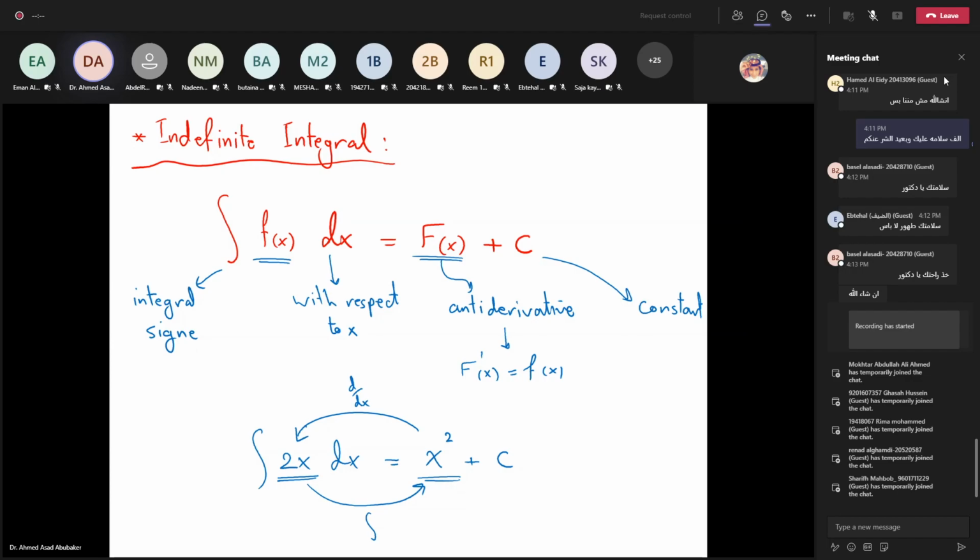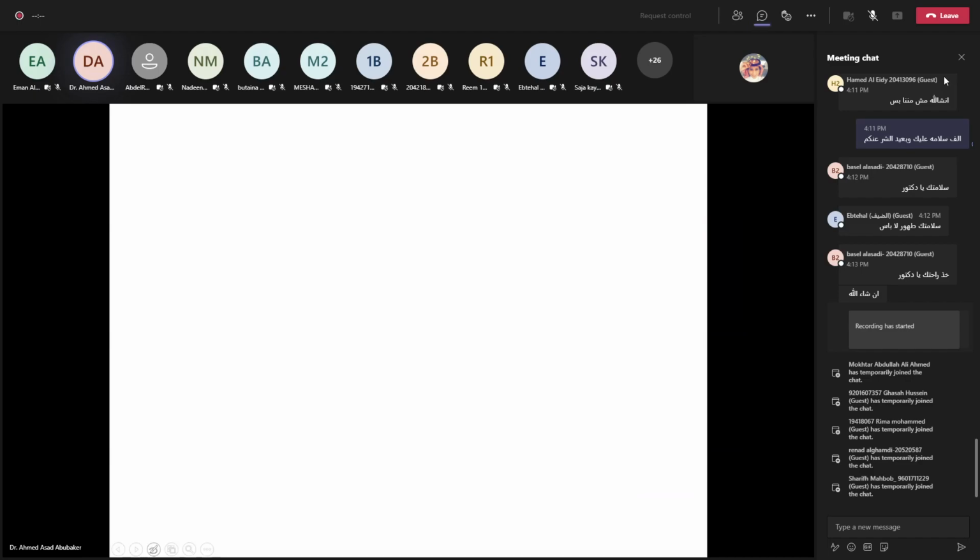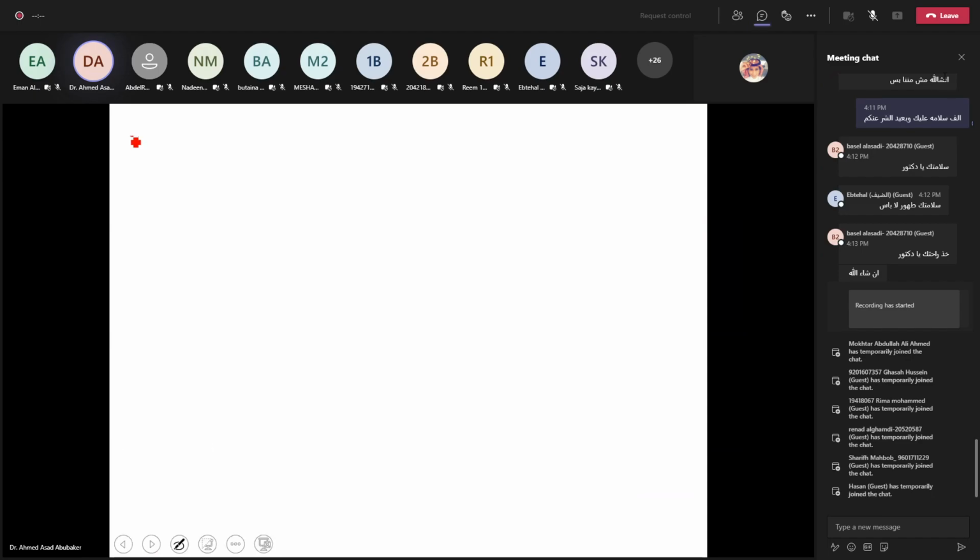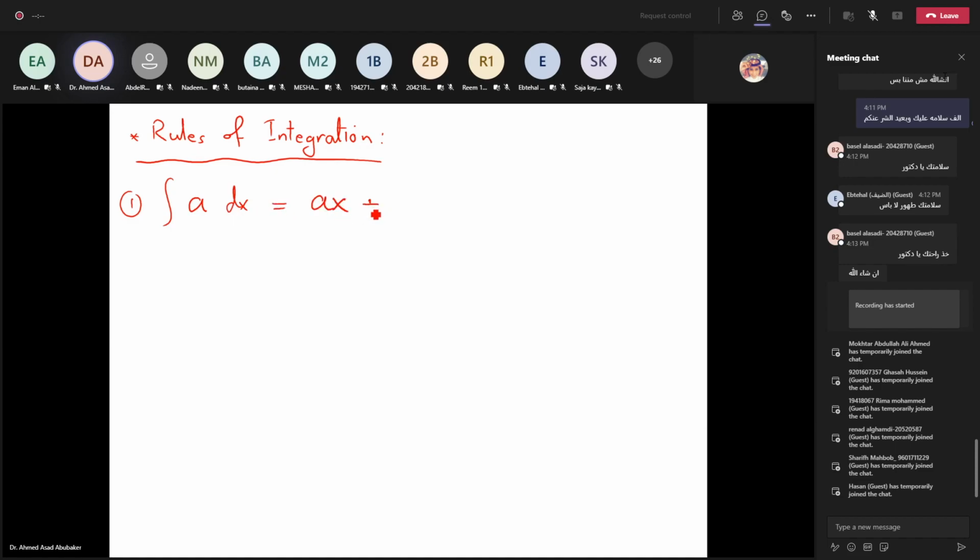Okay, now the first rule of integration, the integral of the constant, for example a dx, so the result equal ax plus c.